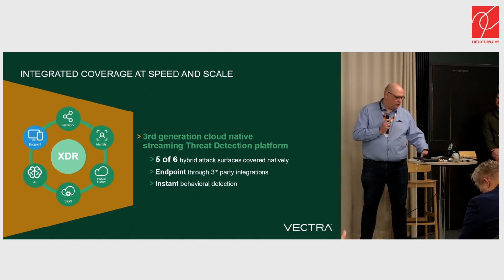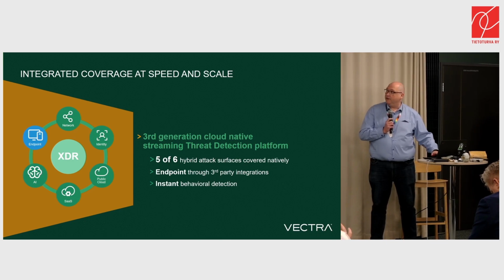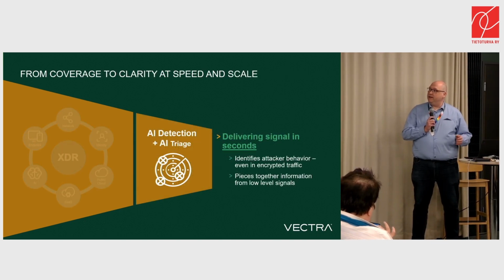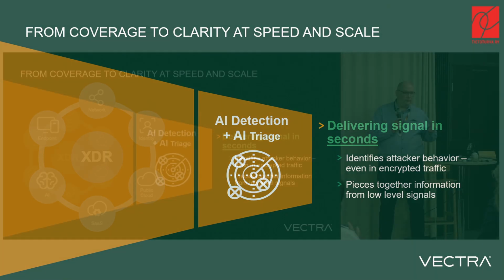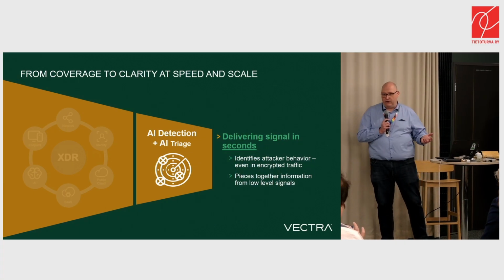But this is also just the start of the tool, to get the coverage. We also needed to get clarity, and that's where we use what we call AI agents on top of all the detection parts. We have a lot of AI agents that perform automatic triage and remove noise.